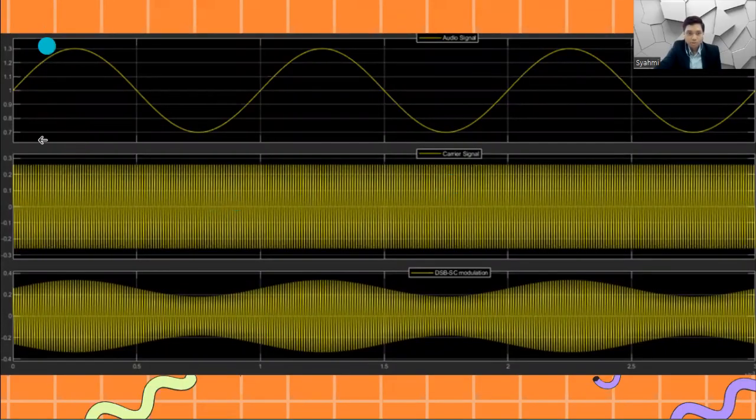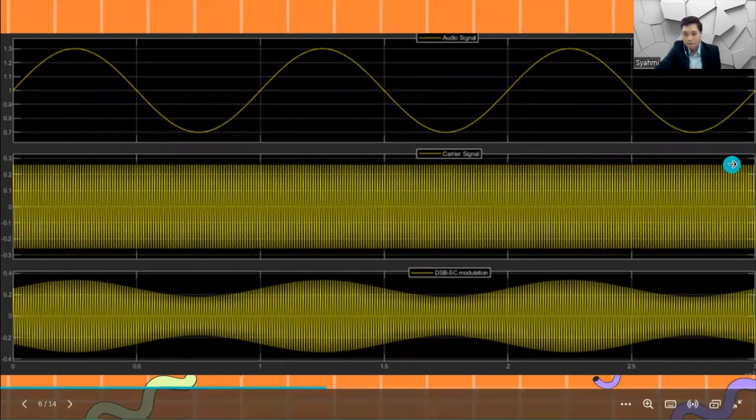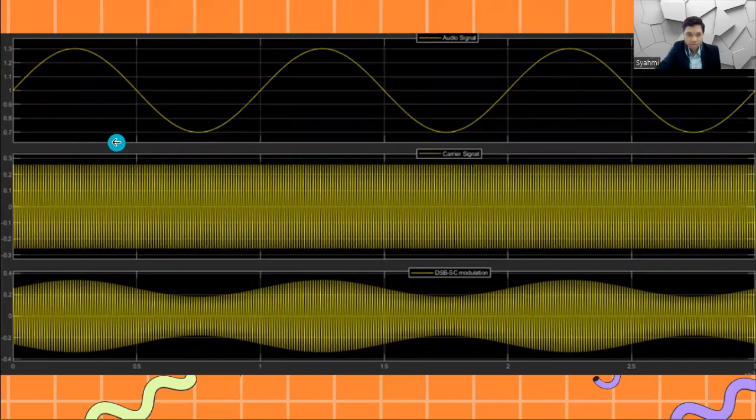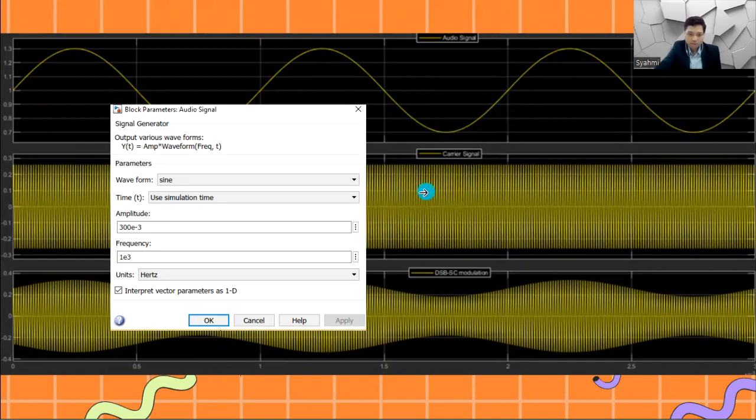This is the result that I get from the modulation part. This is the audio signal, and this is the carrier signal. I forgot to mention that I have set the audio signal to 300 millivolt of amplitude, and its frequency is 1 kilohertz.